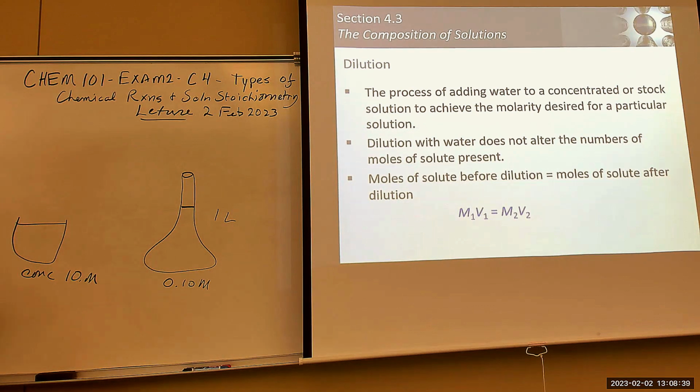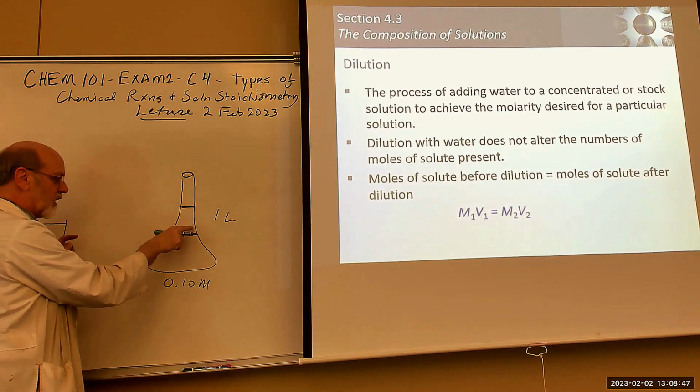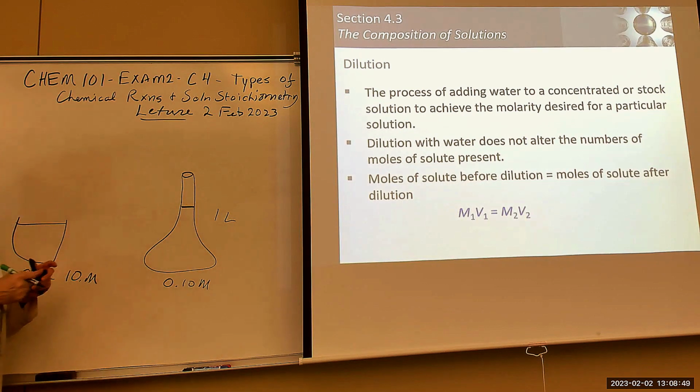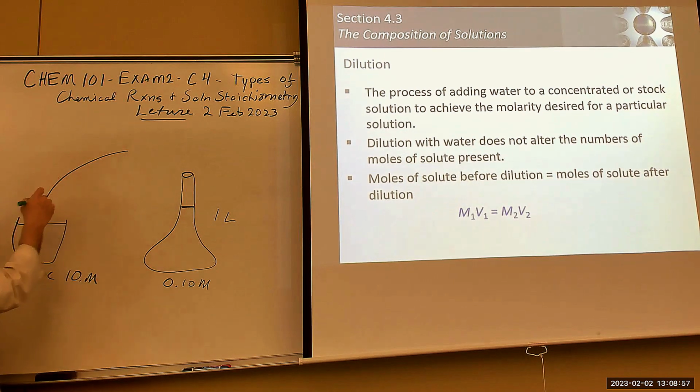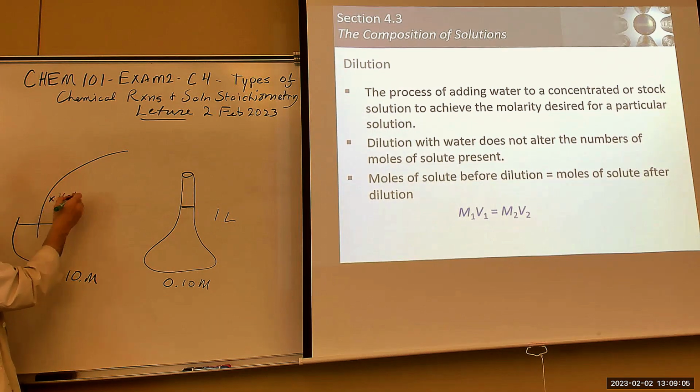What do we do? We have to take an exact, as close as we can get to an exact amount over here, put it over there, and then dilute it up to that volume. Okay, so if I transfer some volume over here, I'm on my way, and I've taken out a certain volume, an X volume of this solution.